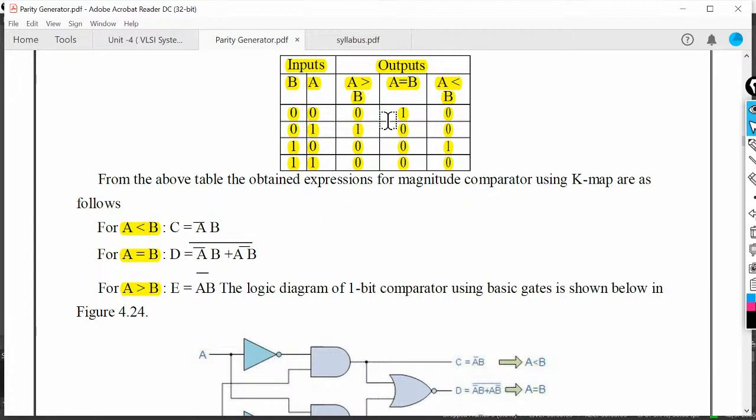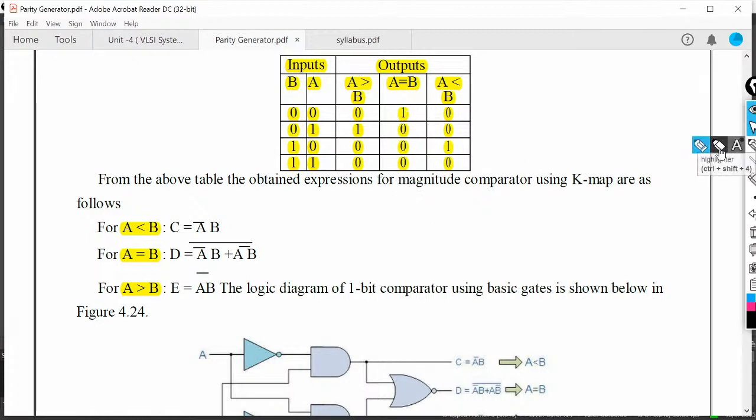Same for A equals to B. When we check the A equals to B column, we find the first combination is active. The first combination is responsible for A equals 0 and B equals 0.